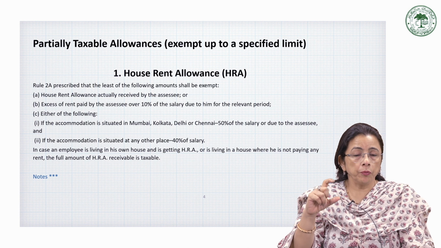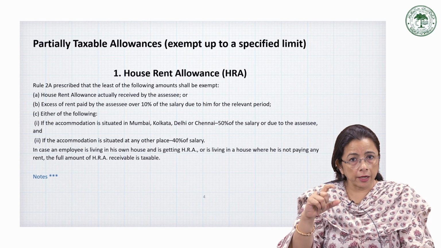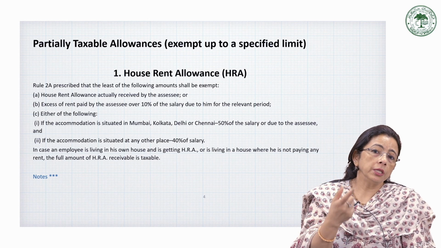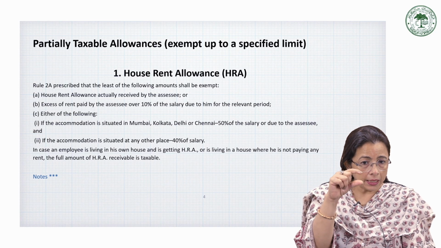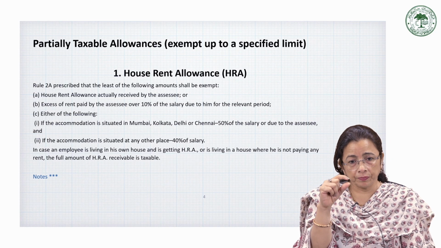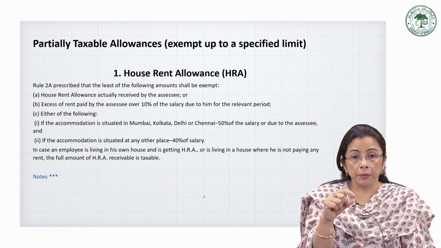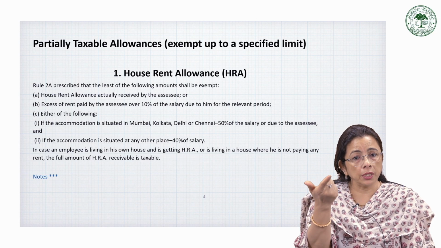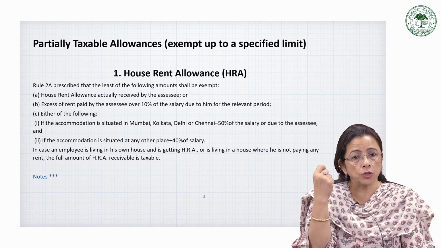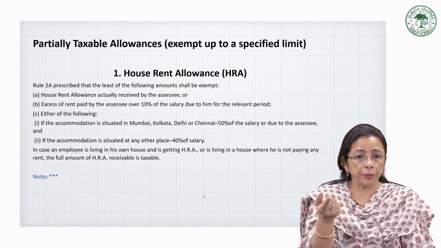So these are some important notes that must be taken care of before computing the figure. First, you must know how to compute the salary, because that salary plays an important role, because only on that will you be computing the 10% or 40% or 50%.